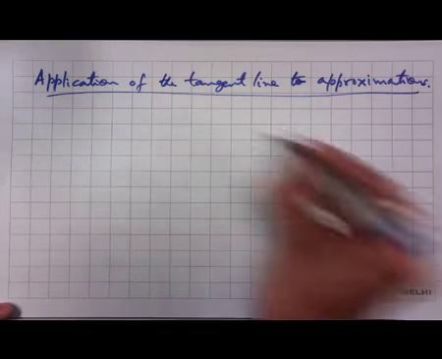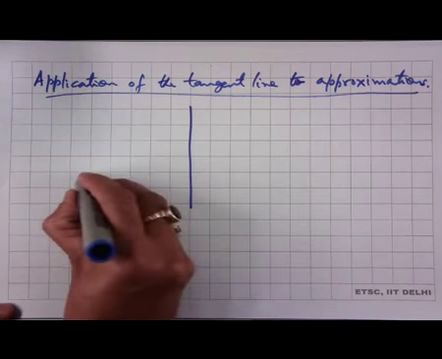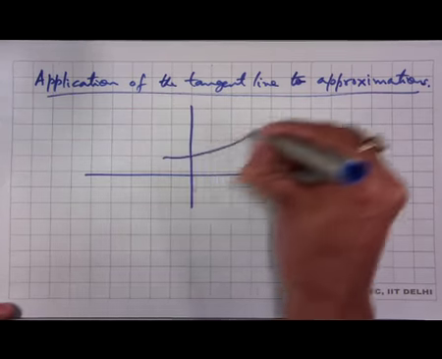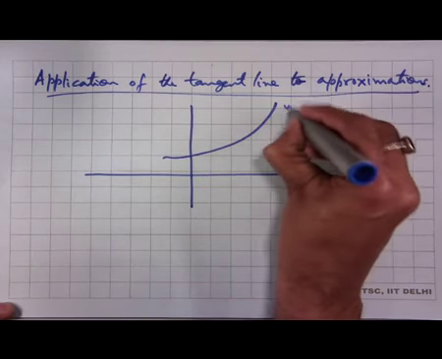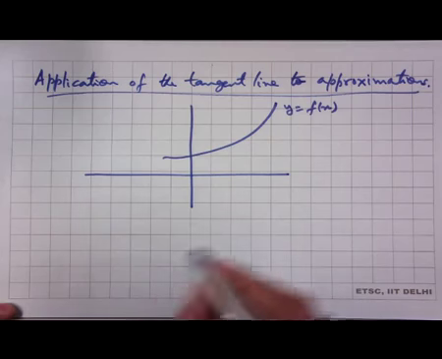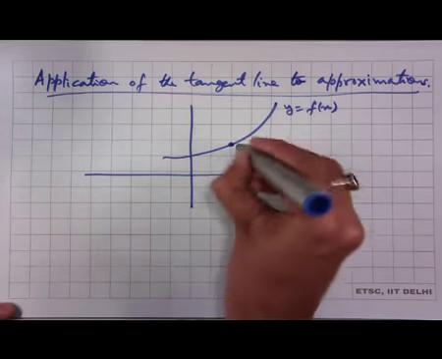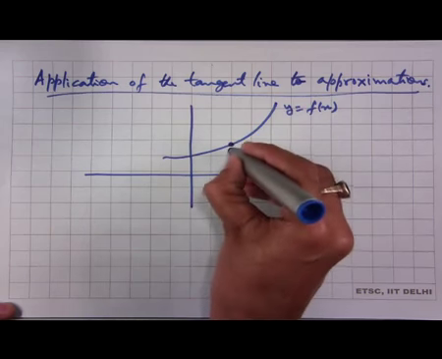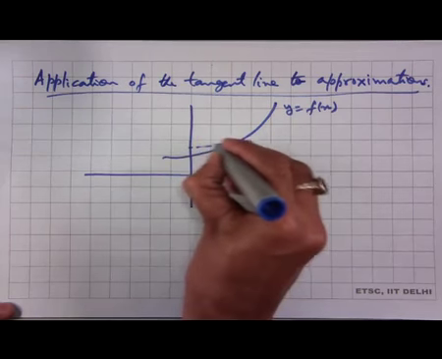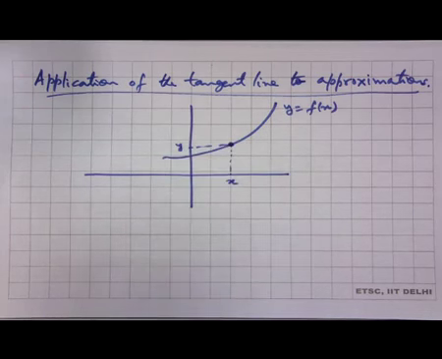Suppose we have some curve y equal to f of x, and suppose we have a point here which is (x, y).